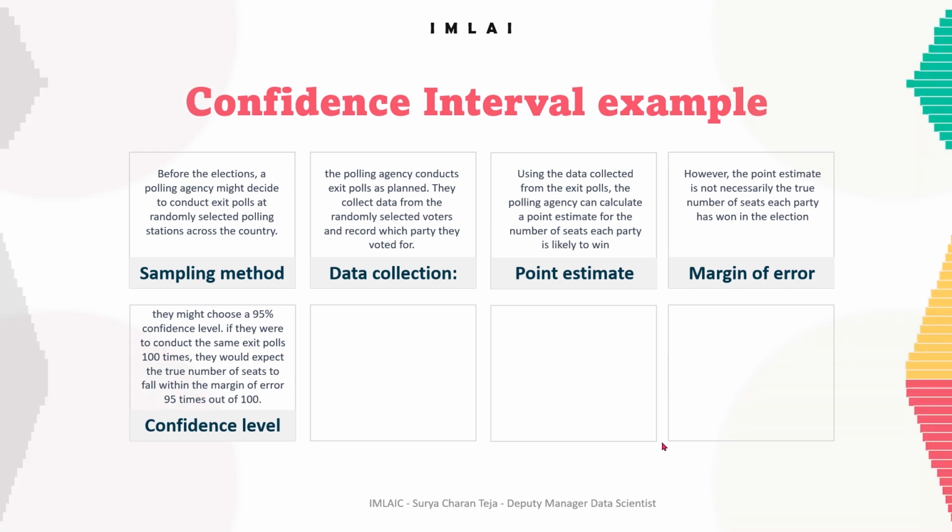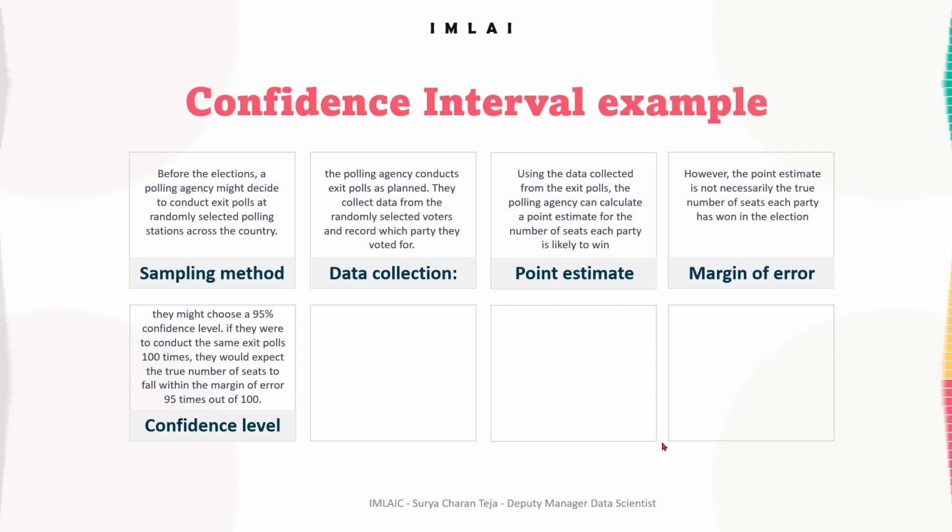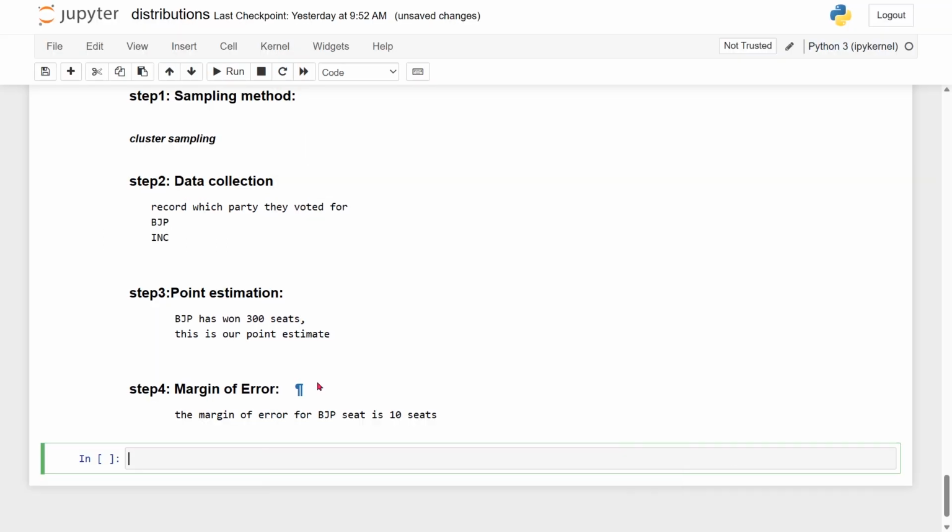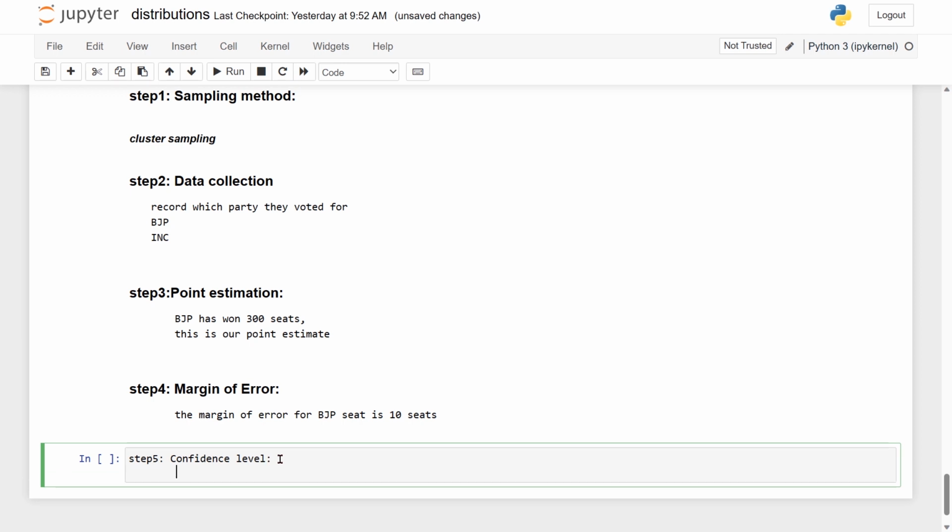This means that if they were to conduct the same exit polls 100 times, they would expect the true number of seats to fall within the margin of error 95 times out of 100. So let me put it in writing here. Step 5, this is very, very important for you. This is confidence level, not confidence interval. Here we will choose a 95 percent confidence level.